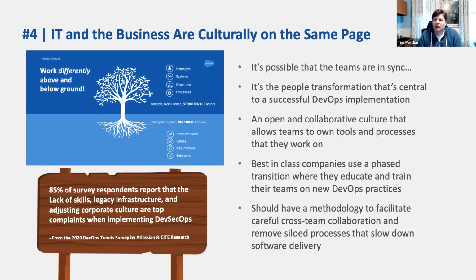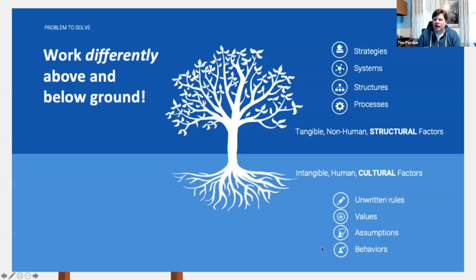In fact, 85% of the respondents reported that lack of skills, infrastructure, and adjusting to the corporate culture are key complaints when implementing DevSecOps. There's really this cultural aspect of it that you need to consider. And so I'm going to blow this up a little bit. I love this chart because to me, when I think about something like DevSecOps, right?